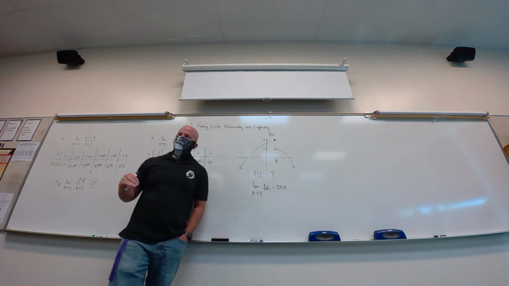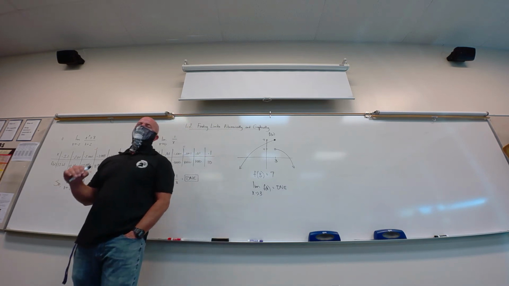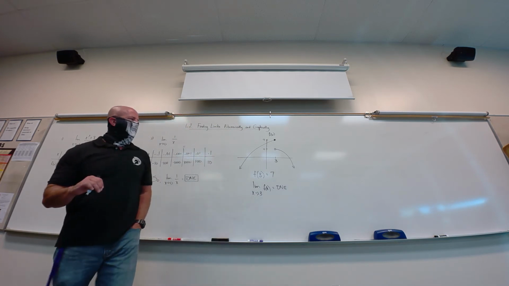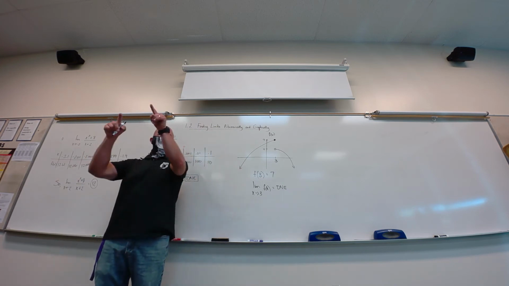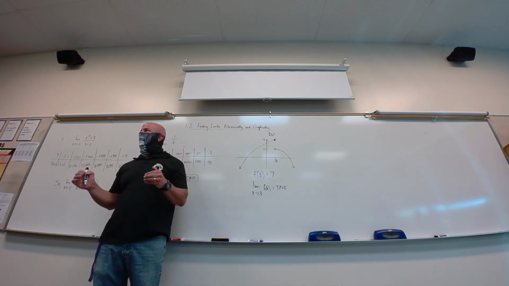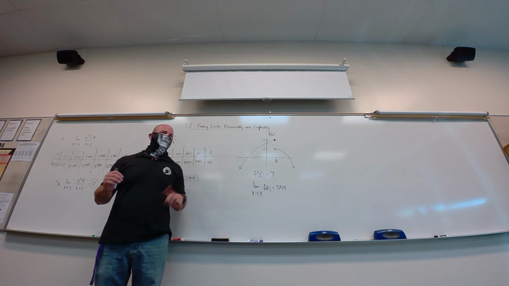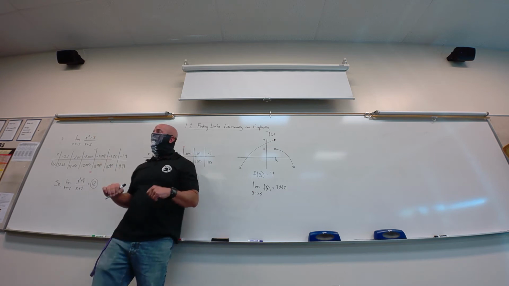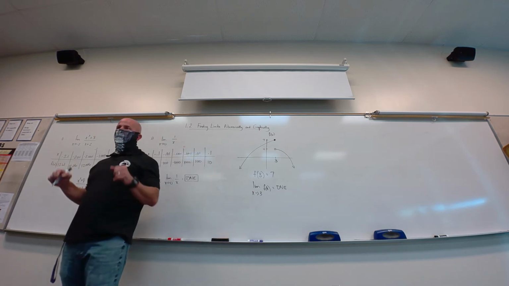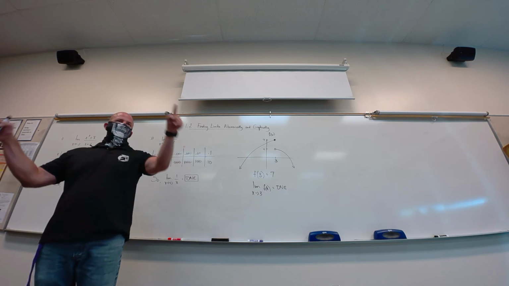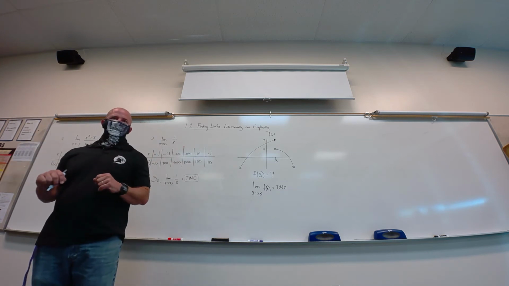So the point existed, this time the limit didn't. Because when I'm looking at 3, I've got to think of it from both sides. Did I approach the same thing from both sides? And I did not. All right, so again, we'll see some one-sided limits later, but right now we're looking at both sides. I did not come together towards the same thing. Does that make sense to everyone?